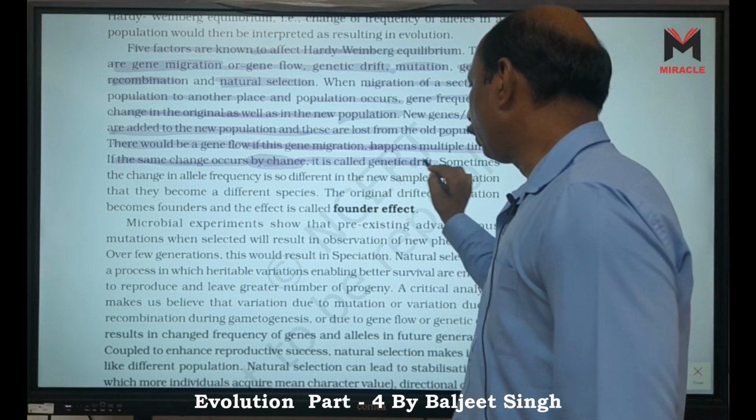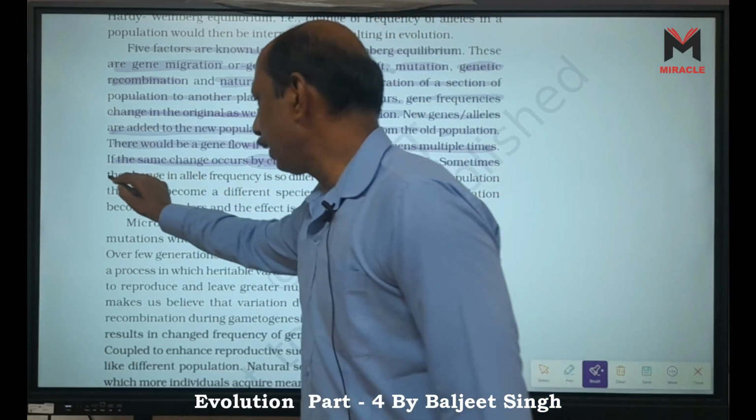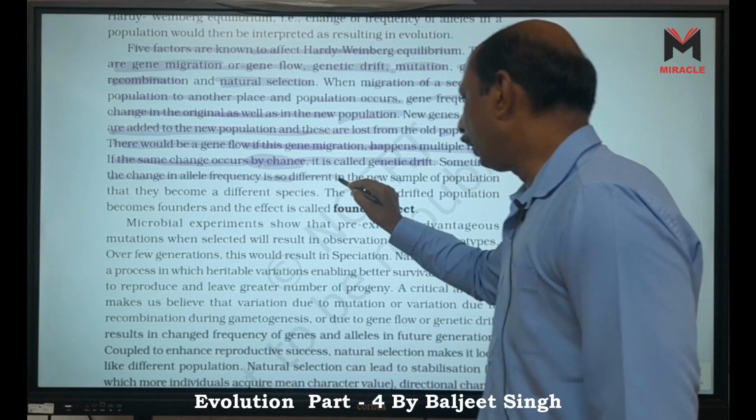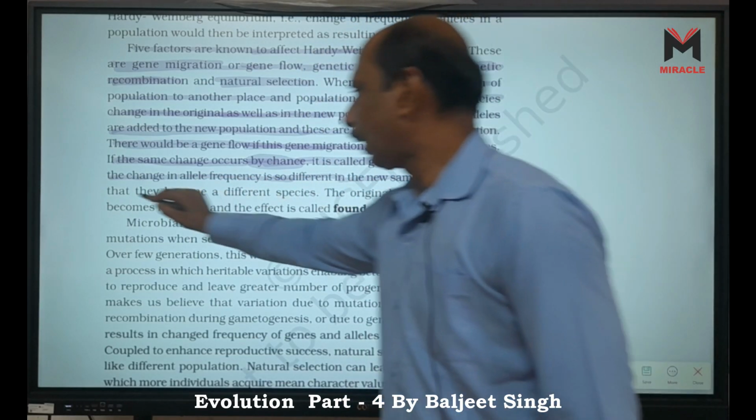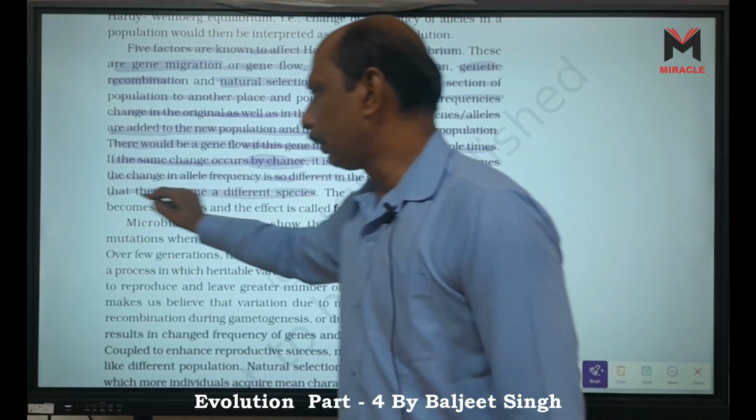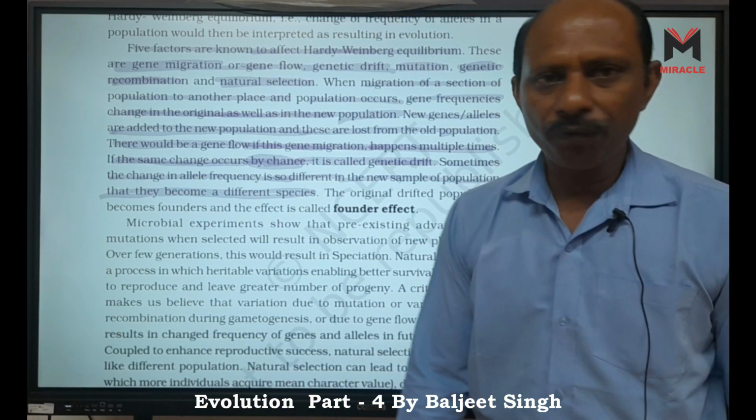Genetic drift happens in two ways. Sometimes the change in allele frequency is so different in the new sample of population that they become a different species in that isolated area. That is called founder effect.